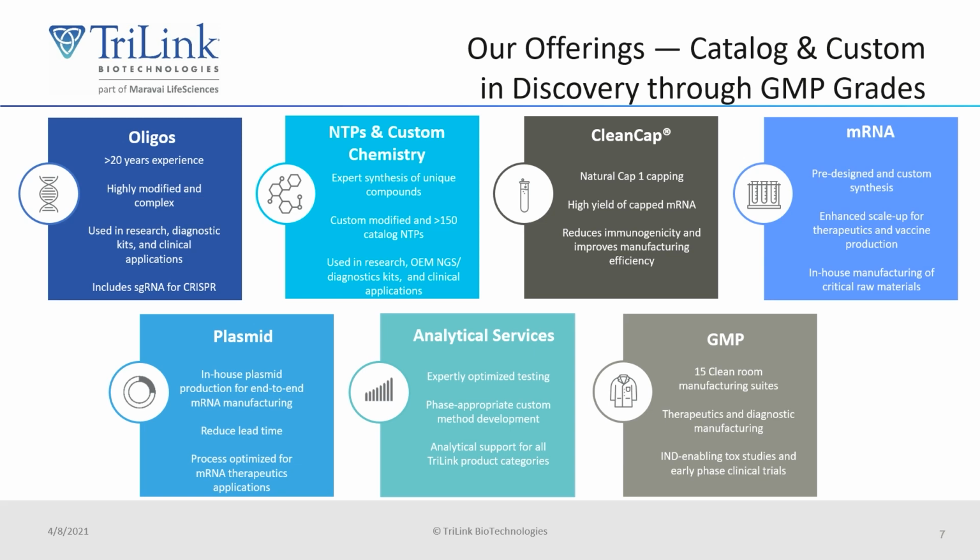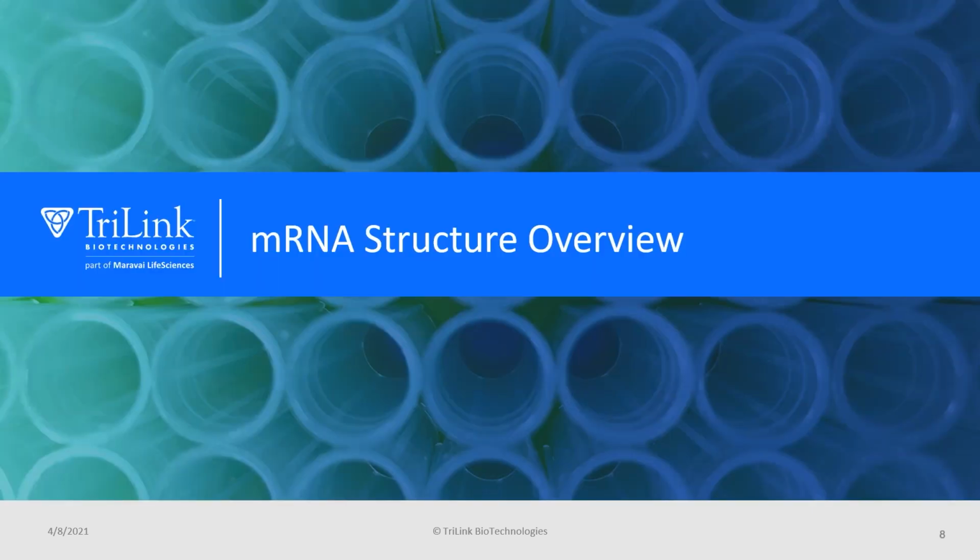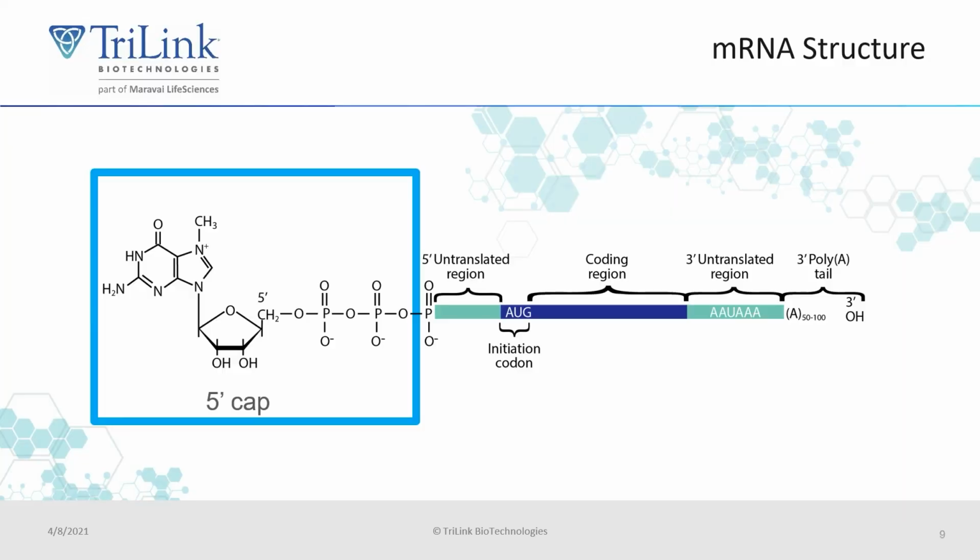And I guess with that, we'll jump into capping strategies for mRNA manufacturing. As a quick primer, wanted to start with a quick overview of the structure of a messenger RNA. A mature mRNA has 5 key elements as shown here. Firstly, you have the 5' cap as shown in the blue box.